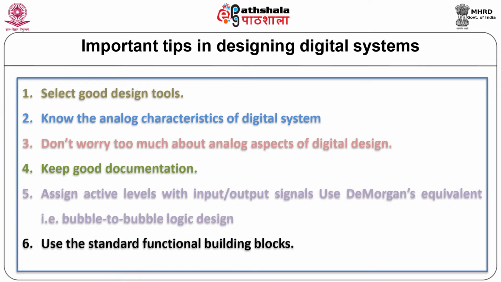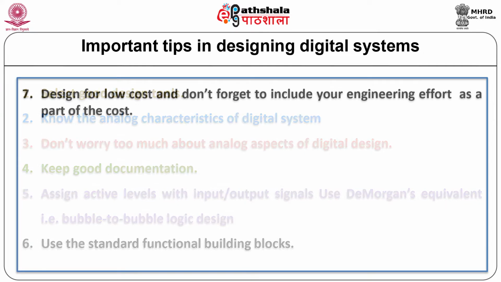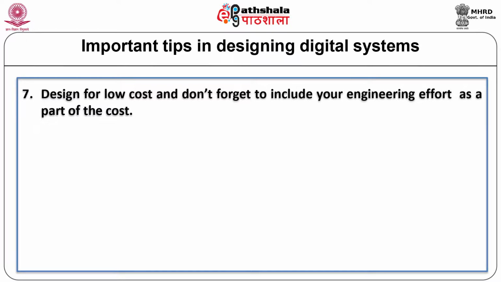Understand and use standard functional building blocks for design. Design for minimum cost at the system level, including your engineering efforts as a part of the cost. Thus, do not forget to include your engineering efforts as a part of the cost of the system.